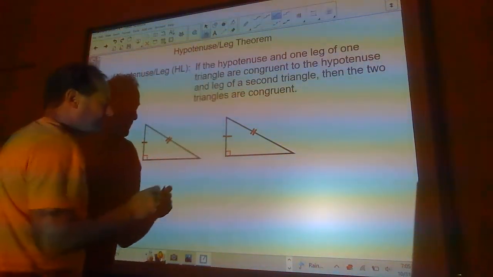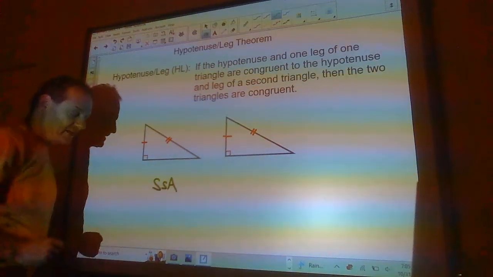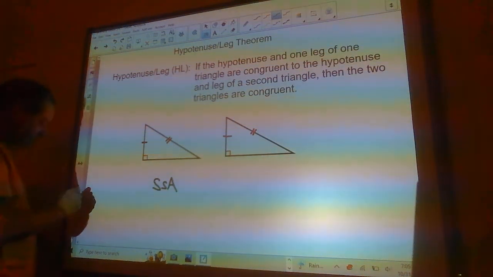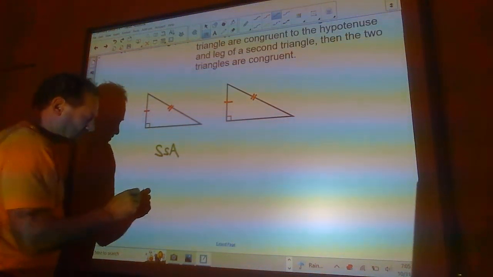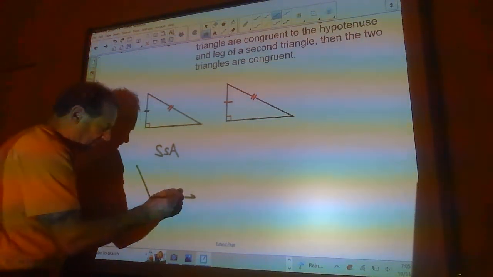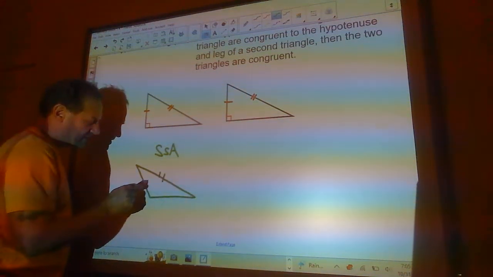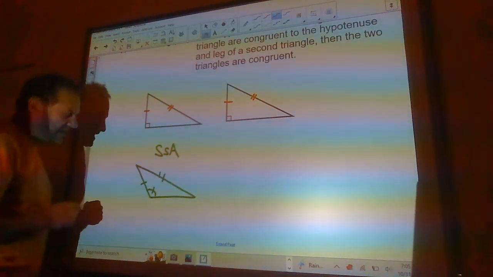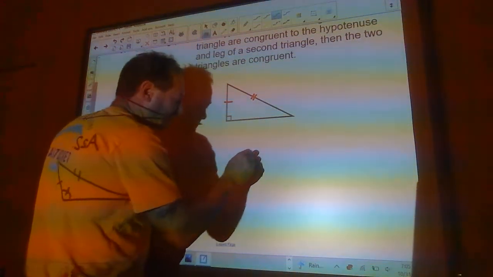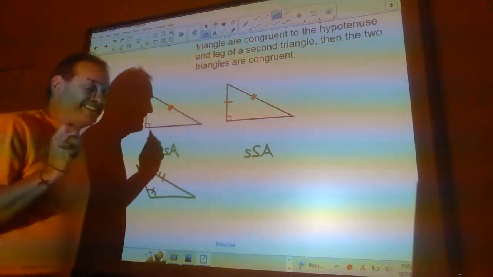If it's the big side, then the little side, then the angle, it will always work, even if it's not a right triangle. So I've got a triangle like this, with the big side, then the little side, then the angle. That will work. But if it's little side, then big side, then angle, it does not work.